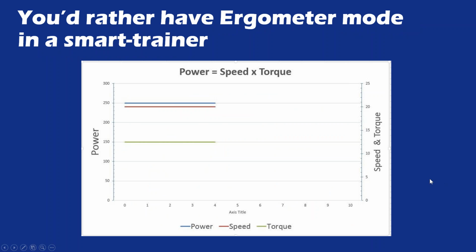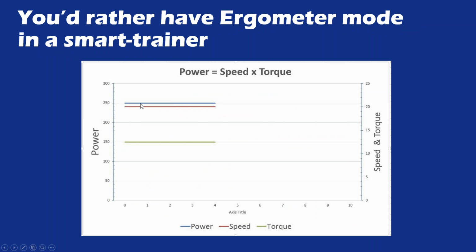Now, Tim talked a little bit about this. This is a slightly different illustration, and we'll try to follow it. Power is speed times torque. He said cadence. Well, it's a single gear, so we can say that angular velocity is the same as cadence because we're turning a drum. So 250, the numbers here kind of work out.